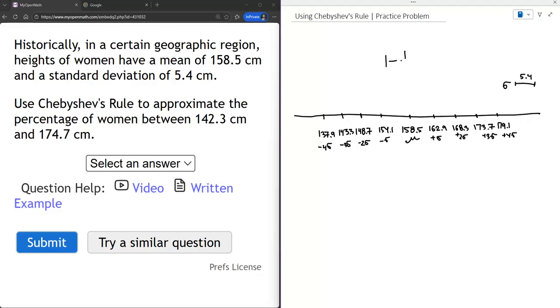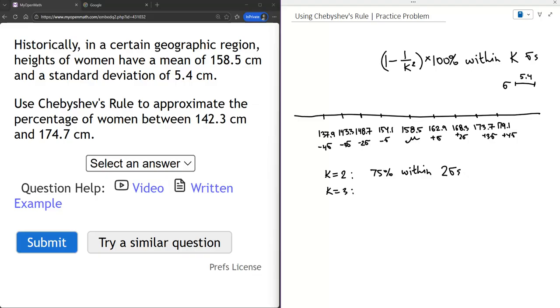Here's the rule. It says that (1 minus 1 over k squared) times 100% of the data is within k sigmas. So for k equals 1, this rule doesn't work. For k equals 2, that means 75% of the data is within 2 sigmas.